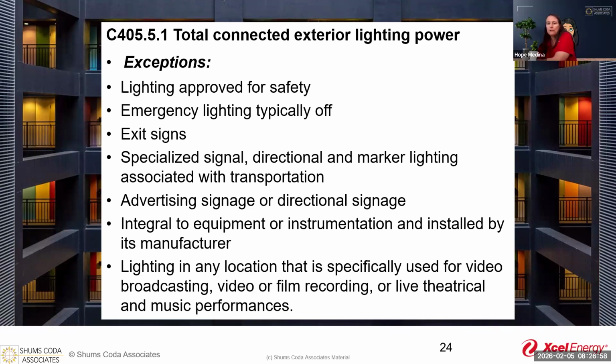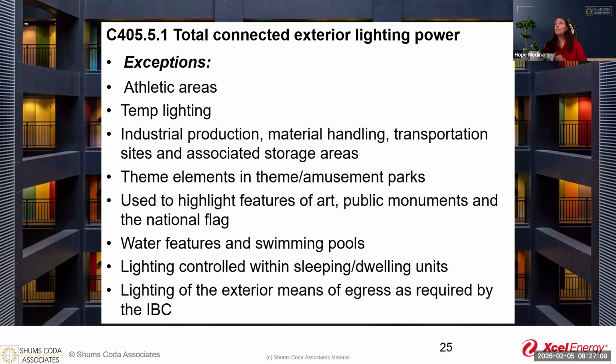If you have lighting at a location that's going to be used for video, filming, live theater, things of that nature, it's not going to be included. Athletic fields, any temporary lighting does not need to be included. Theme parks, amusement parks. If you have lighting again on the exterior that's going to highlight art, monuments, the national flag, none of that needs to be included.